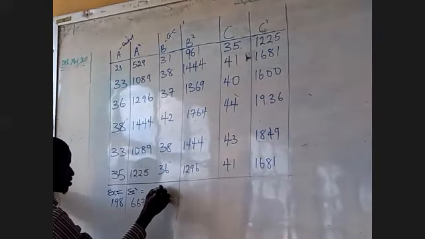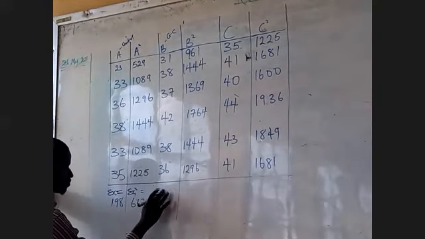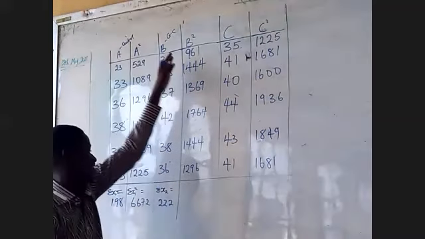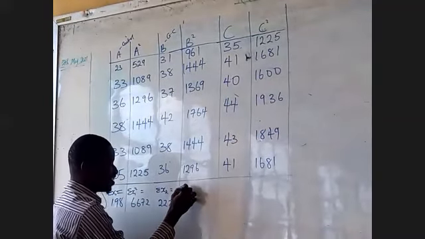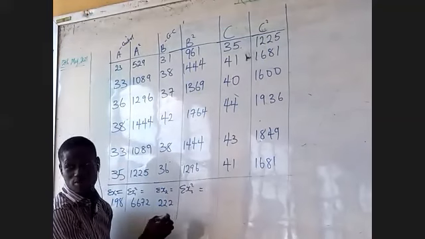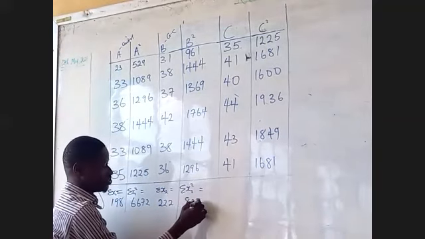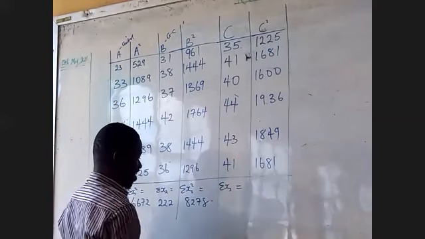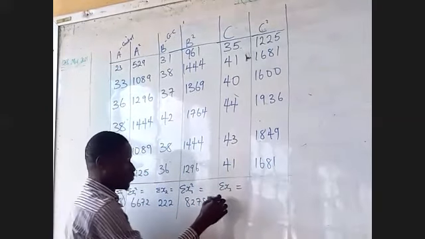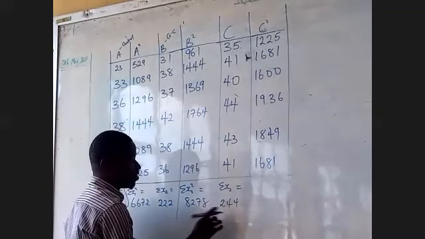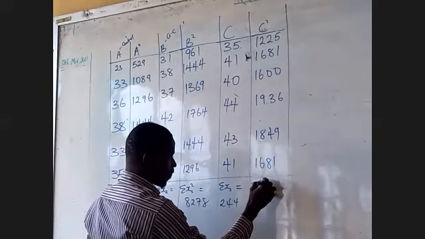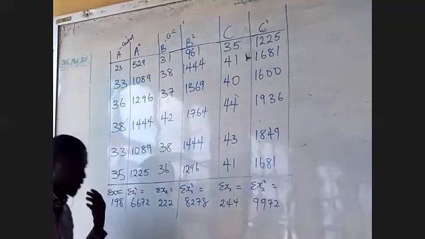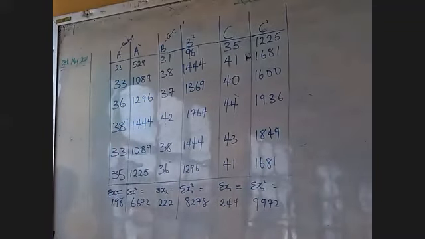Summation of this, 2, 2, 2. Then summation X2, and summation X3. 2, 4, 4. All right. This is clear, right?